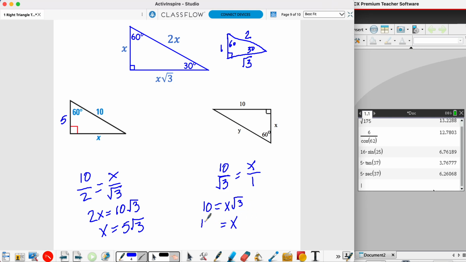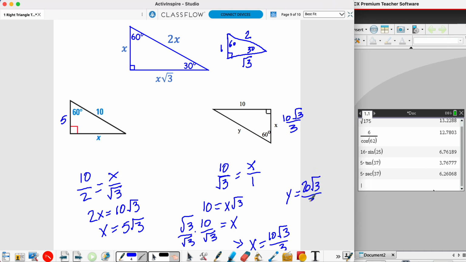So x is equal to 10 over the square root of 3, which we could rationalize. I'm running out of room. So x is equal to 10 square root of 3 over 3. To find y, I would just double that because the hypotenuse is double the short leg. So y would be 20 square root of 3 over 3.